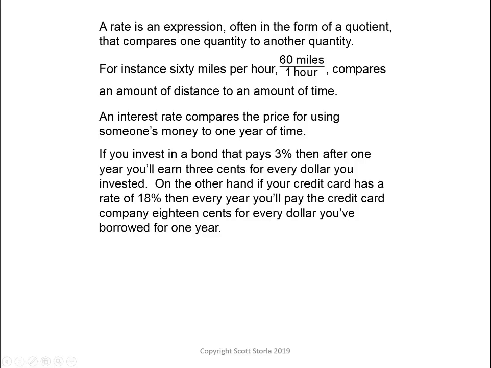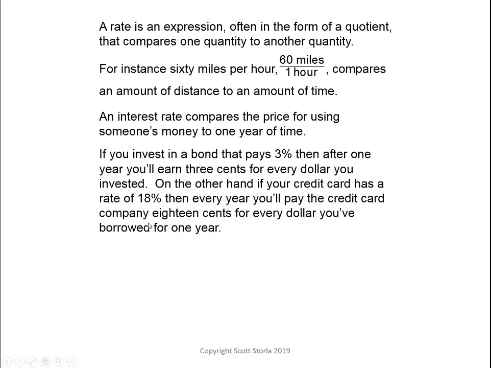On the other hand, if your credit card has a rate of 18%, then every year you will have to pay 18 cents for every dollar you've borrowed from them, or $18 for every $100 you've borrowed from them.